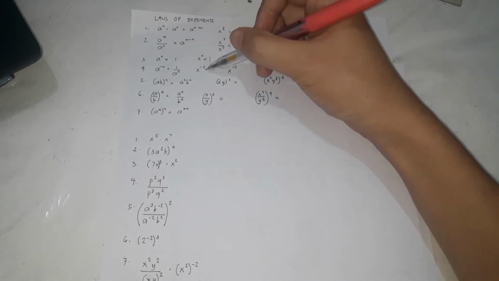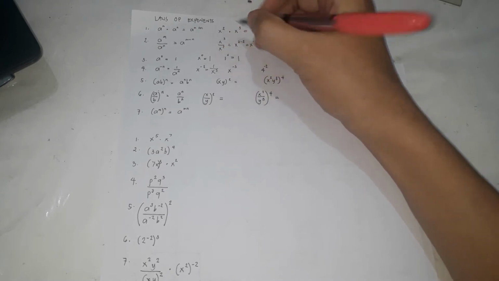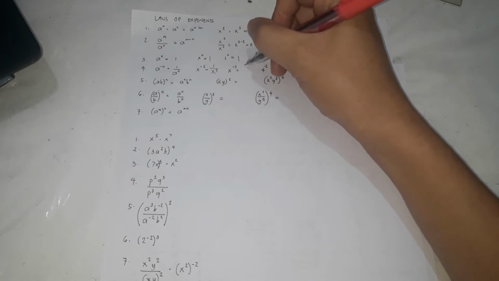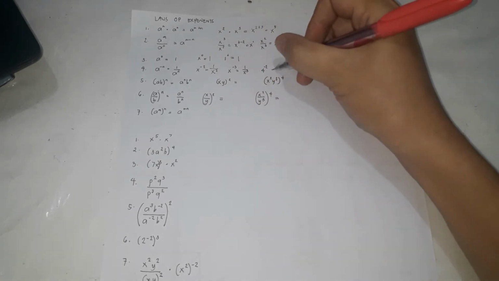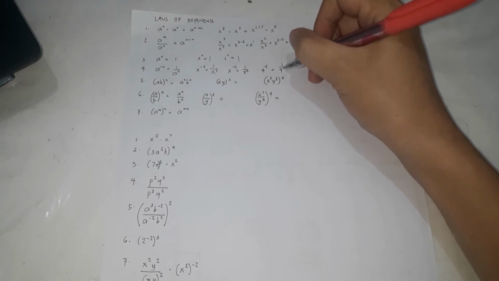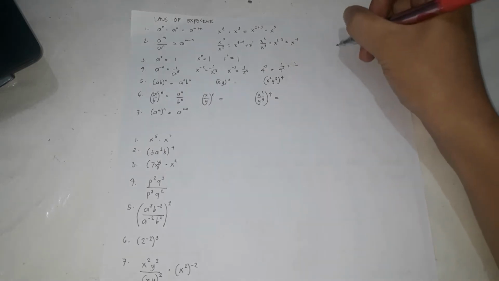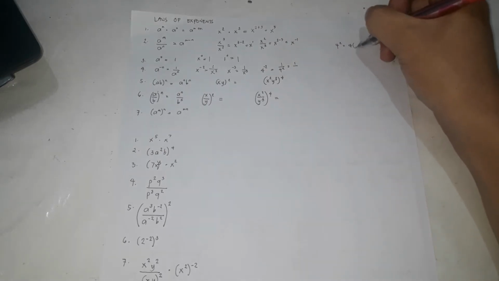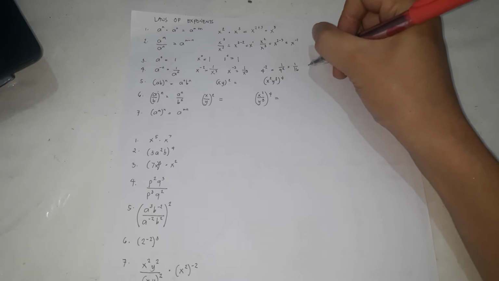Example, x^(-2) magiging 1 over x^2. x^(-3) magiging 1 over x cubed. This one, 1 over 4 squared, 4 squared is equal to 4 times 4. Dalawang 4, so 4 times 4. That's 16.